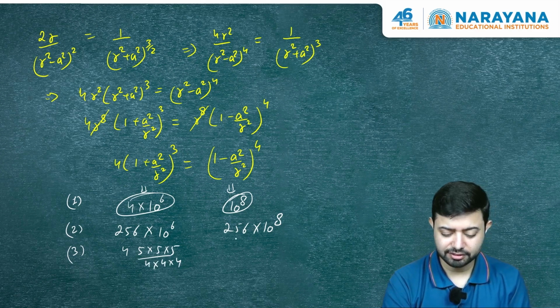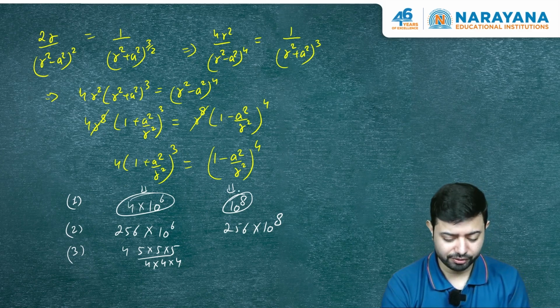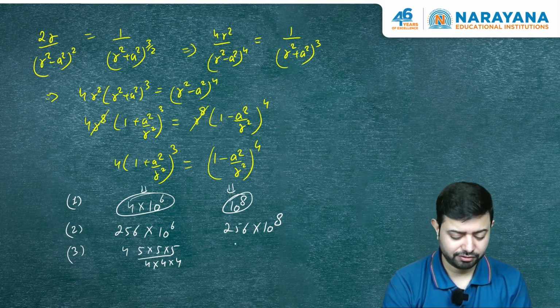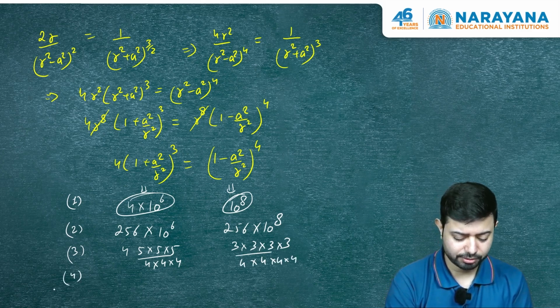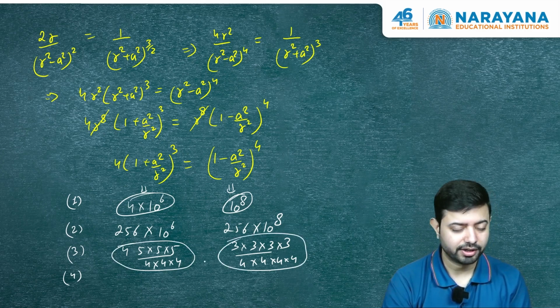On the right hand side, A by R you have taken half, A by R squared is 1 by 4, and 1 minus 1 by 4 is 3 by 4, so it is going to be 3 by 4 to the power 4. Similarly, look at the last option. I think this is also not matching, because one is going more than 1 and this is less than 1.